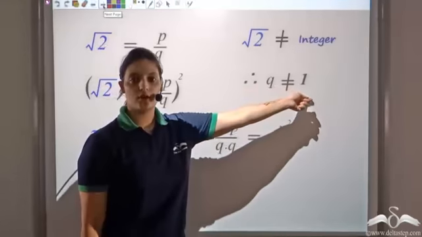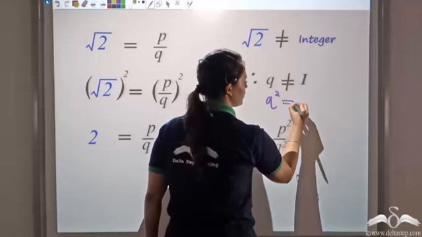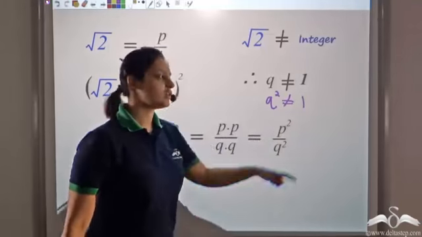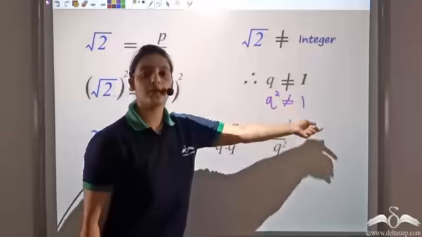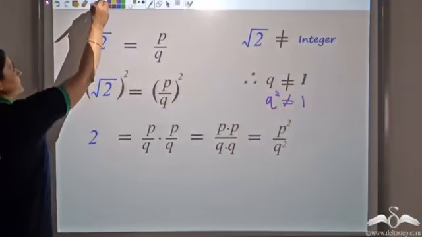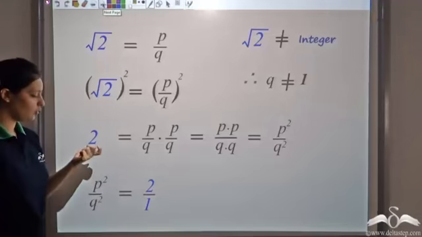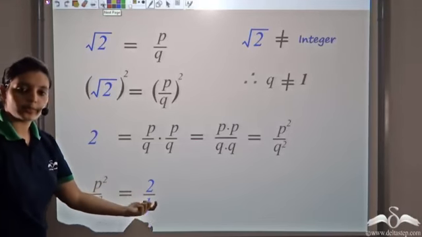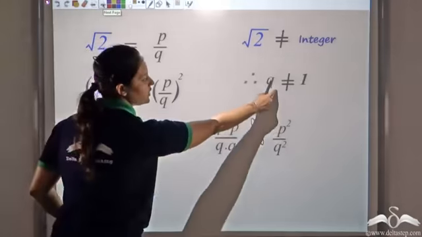Now q is not 1. If q is not 1, then q square can also not be 1, because 1 squared gives me 1. So q square will not be equal to 1. So I get p square by q square is equal to 2, which I can write as 2 by 1. But q square cannot be 1 because q is not 1.